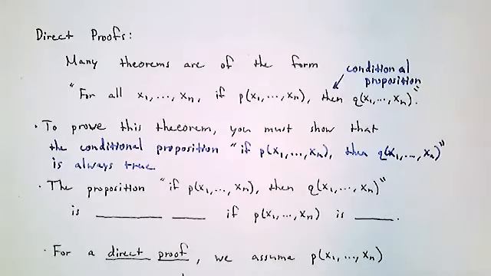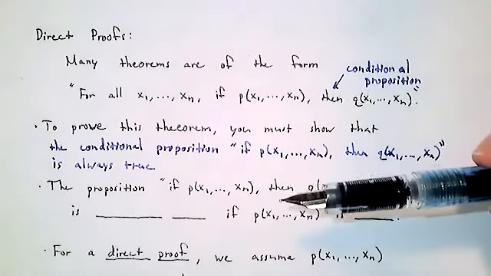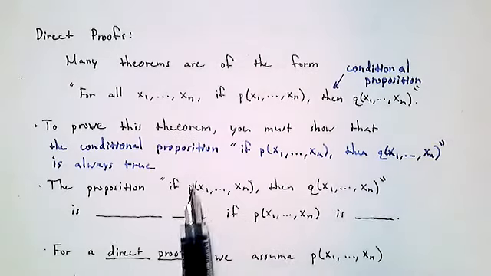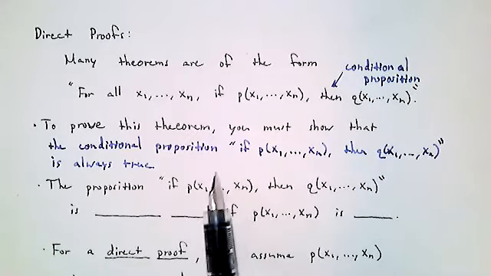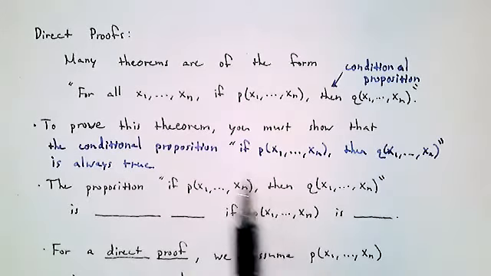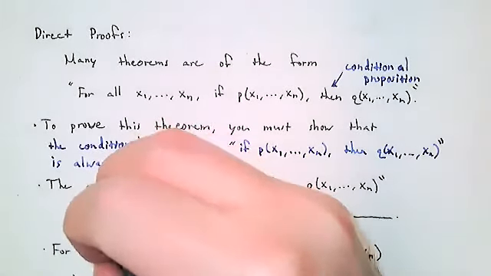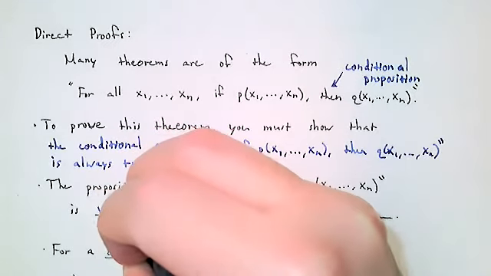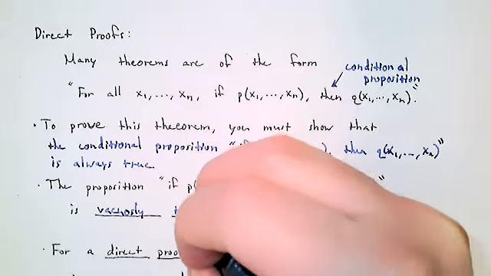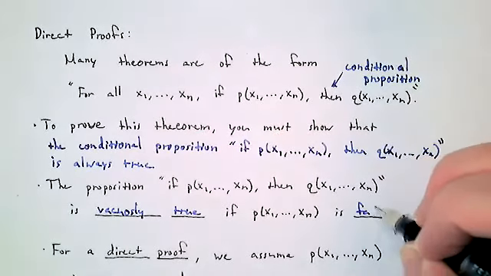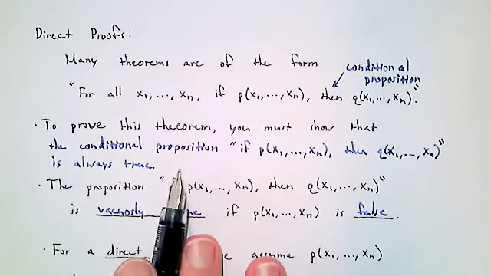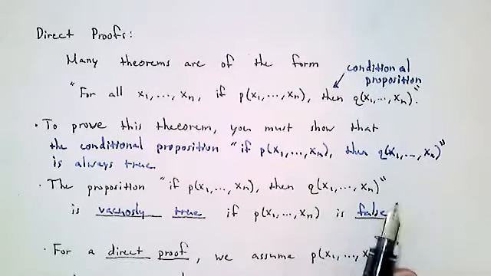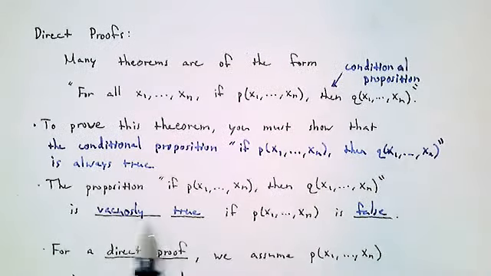But there's an important thing that we have to remember about conditional statements, because remember, if the hypothesis, the first part, is false, then the overall conditional statement is what we called vacuously true. So that means if the hypothesis is false, we don't actually have to worry about anything on the right side, because it's going to be true no matter what.